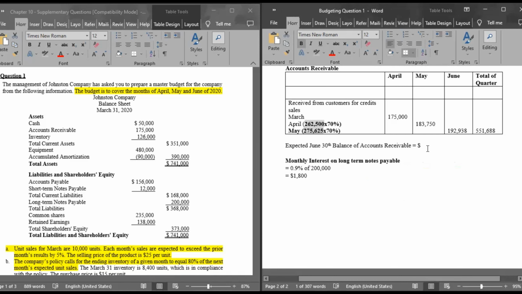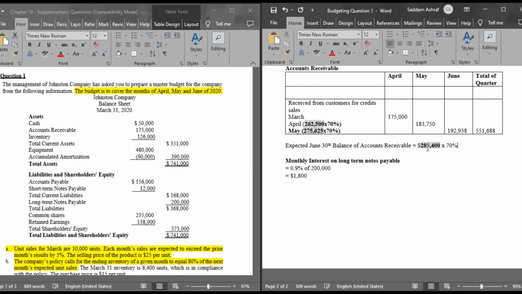This is the sales amount. We will take 70% of that amount. 202580.